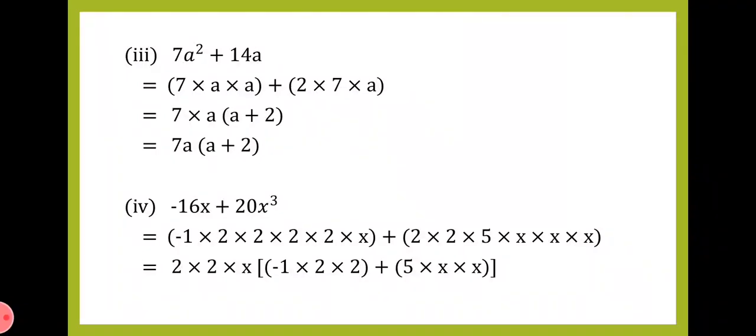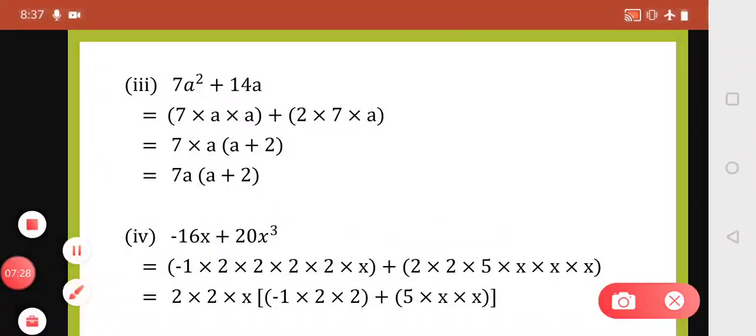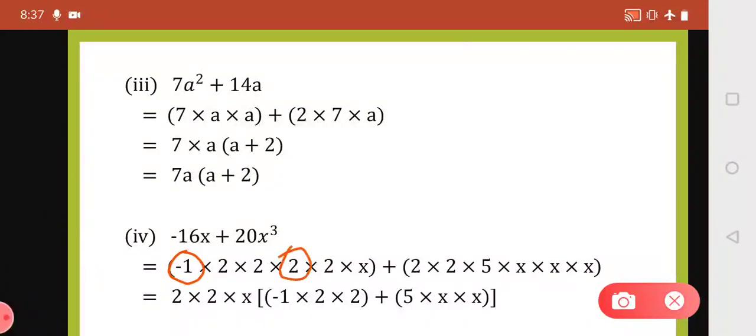And in the bracket, minus 1 multiplied by 2 multiplied by 2 plus 5 multiplied by x multiplied by x. Here these 2 and these 2 are taken out and minus 1 and 2 times 2 will be left in the first bracket, and in the second bracket we will be left with 5 and 2 times x.